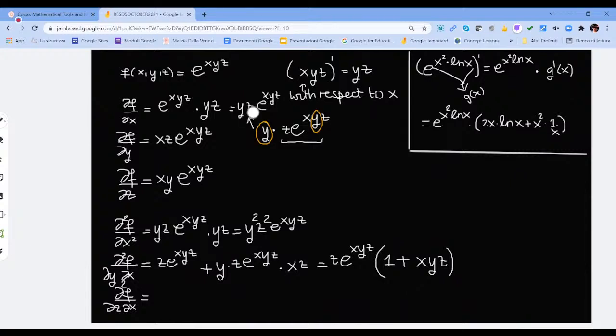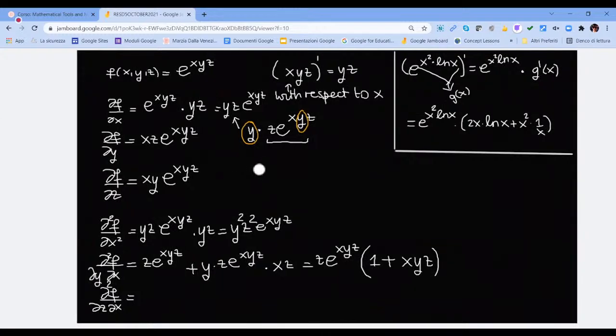In this case, the computation is very similar to the previous one because z appears in front of the product, and we can consider, for instance, yz as a product times e to xyz.